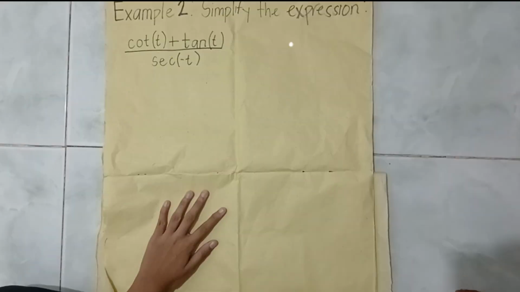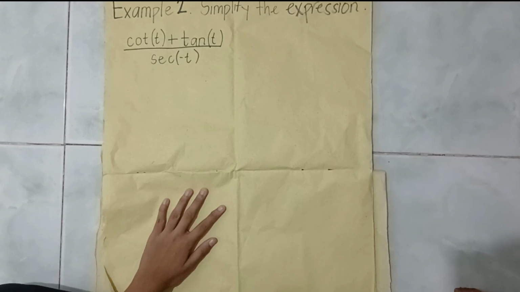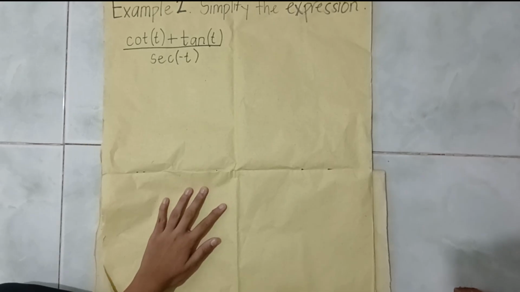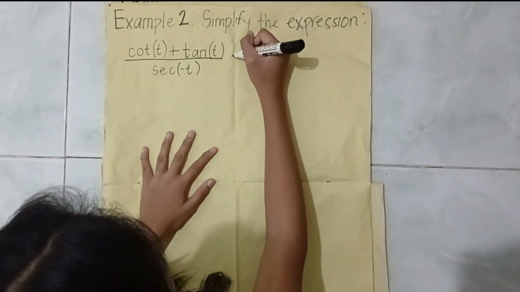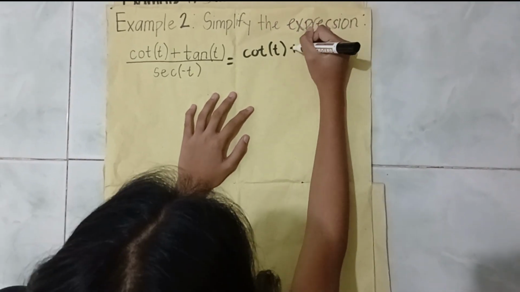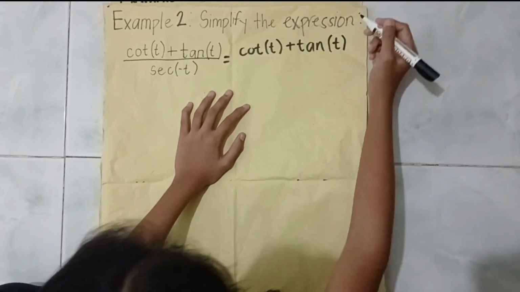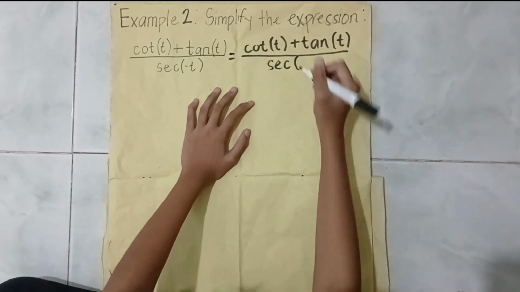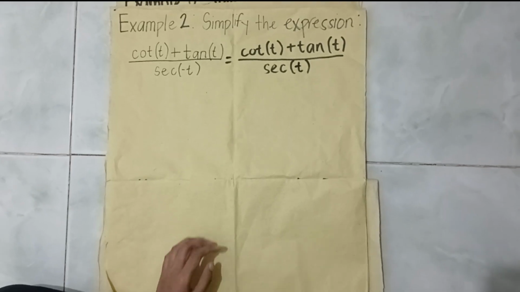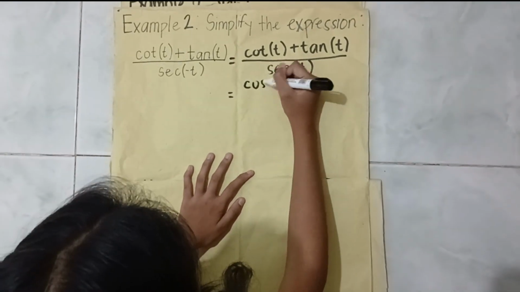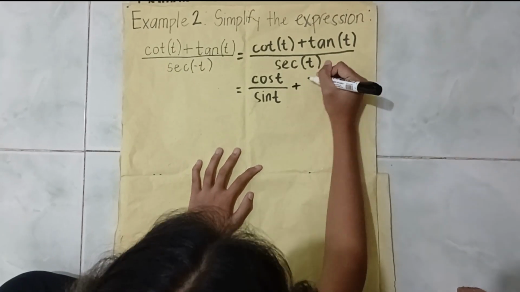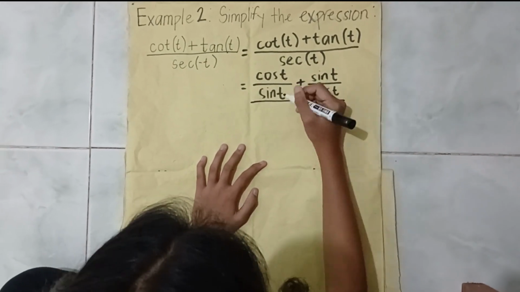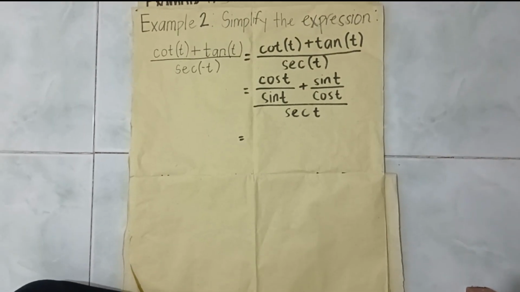Example number 2. Simplify the expression cotangent of t plus tangent of t over secant of negative t. To solve this problem, we begin with the even identity of the secant function. Then, apply the quotient identity where cotangent of t is equal to cosine of t over sine of t and tangent of t is equal to sine of t over cosine of t.